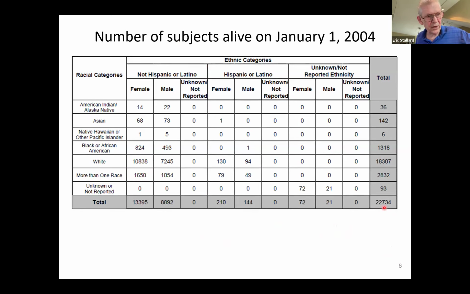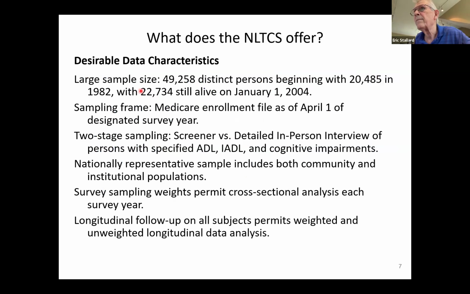And I checked from the linkage statistics. At the beginning of 2015, that number had dropped to about 10,000 people. And my estimate is at the beginning of 2023, that number is around 5,000 people. So that gives you a sense of how large the sample is, even 20 years after the last round of the survey. So there is much to be analyzed there.